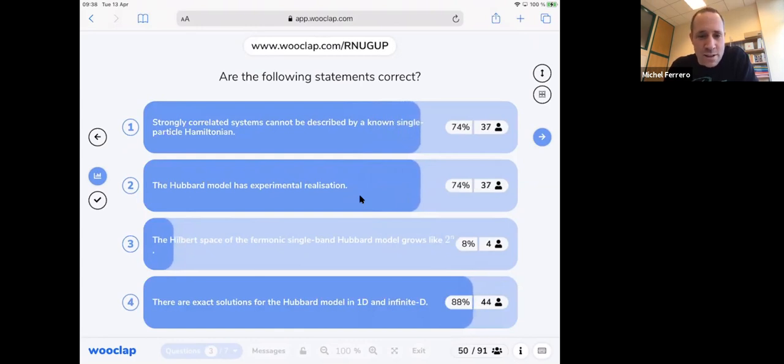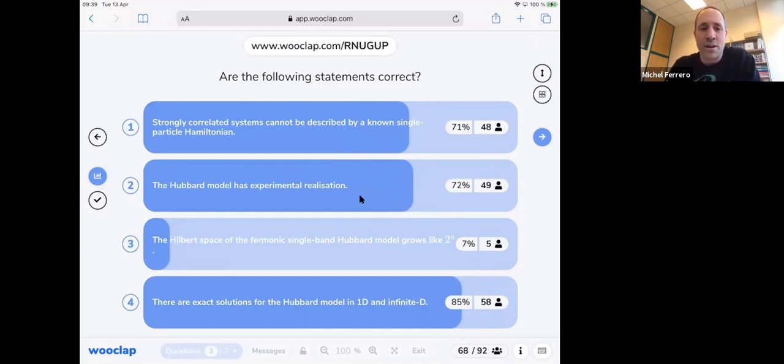Wow, great! Well, you guys are doing fantastic here. You're definitely going to the right answers. So indeed, strongly correlated systems, almost by definition, are those that cannot be described by some effective single particle Hamiltonian. The second one is a tricky one. I'm happy to see that you got this one right. I mean, the Hubbard model is not directly realized in a material, because in any material there are more orbitals and there's nothing like really a single orbital model.